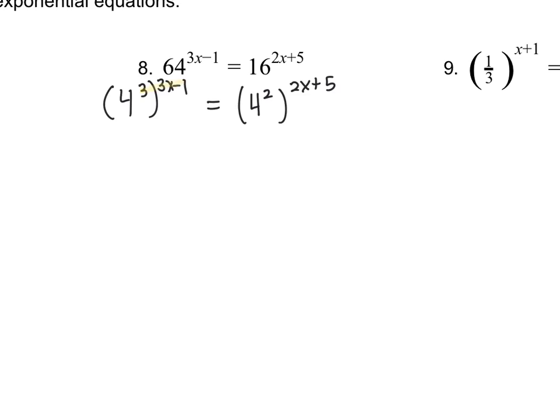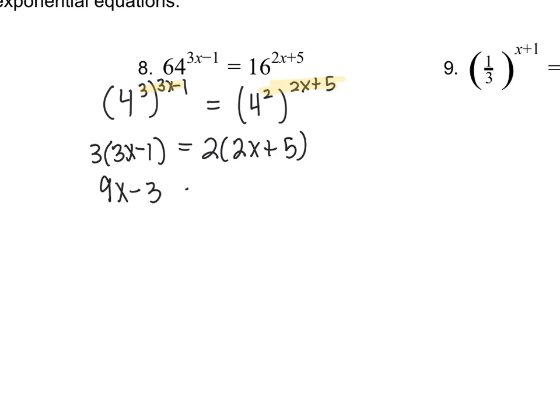But because I have rewritten the bases, I have to include that number in the parentheses when I set them equal. So we have to do 3 times 3x minus 1 equals 2 times 2x plus 5. Can't forget about that number in the parentheses when we set the exponents equal. We're now going to distribute into the parentheses, so we end up with 9x minus 3 equals 4x plus 10.